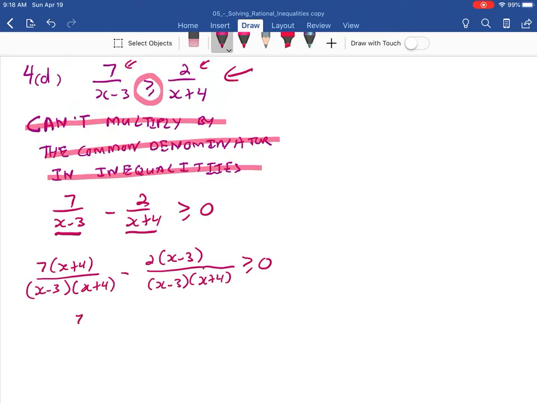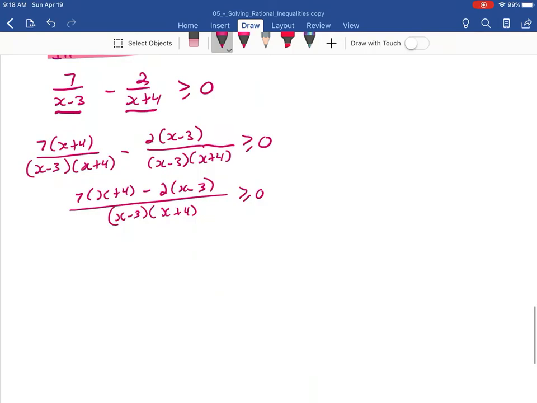But so far, all I've done is find a common denominator. And once you have a common denominator, I can put together the numerators over the common denominator. That's what we always do when we're adding and subtracting fractions. We add or subtract the numerators, but we keep the denominator the same.